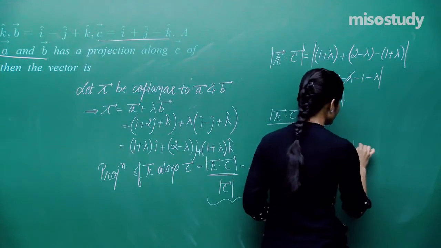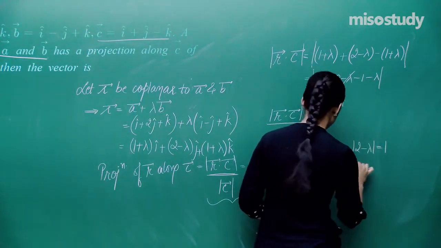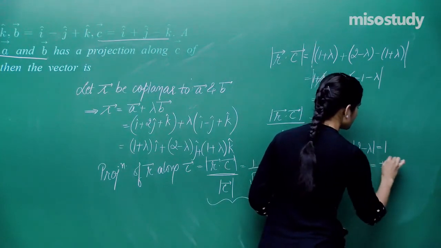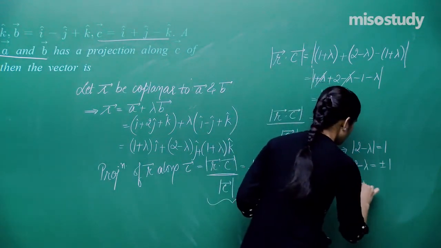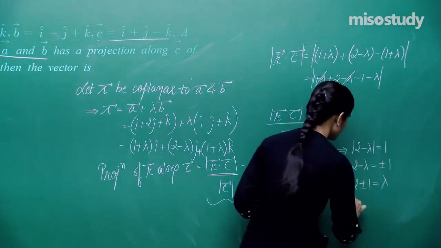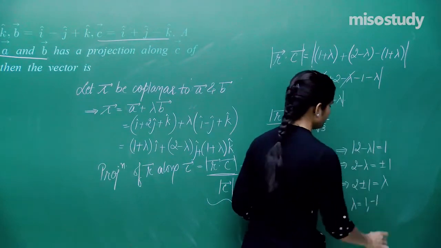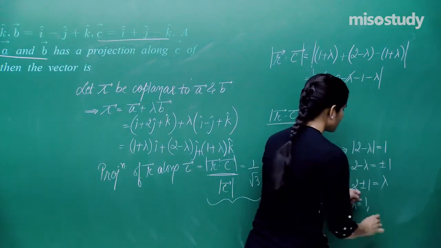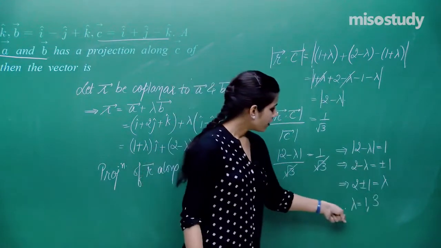This means magnitude of 2 minus lambda is 1, or I can say 2 minus lambda is plus minus 1, therefore lambda is 2 plus minus 1, so 2 minus 1 is 1, 2 plus 1 is 3. Lambda is 1 and 3.